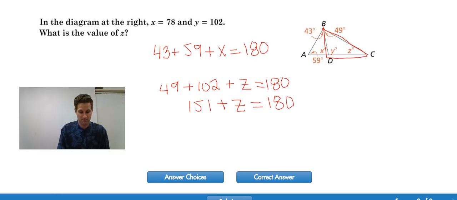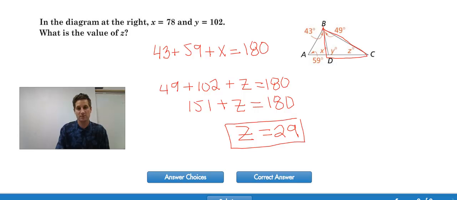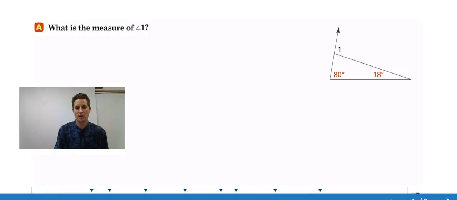And we get a beautiful answer of z equals 29 degrees. So again, we are going to be using this for the rest of our time in geometry. This is a foundational piece, the triangle sum theorem. Let's move on.